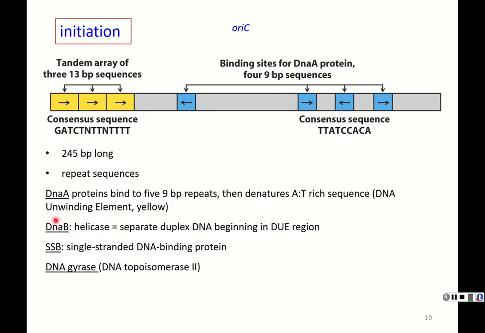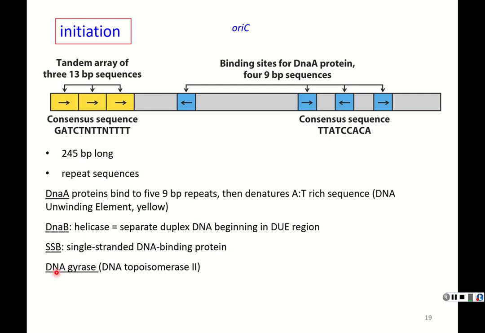DnaB, which is also known as helicase, separates the duplex DNA beginning in the DUE region. SSB is a single-stranded binding protein. That's what SSB stands for. It helps bind to the single-stranded DNA and prevents it from coming back into double-strand.